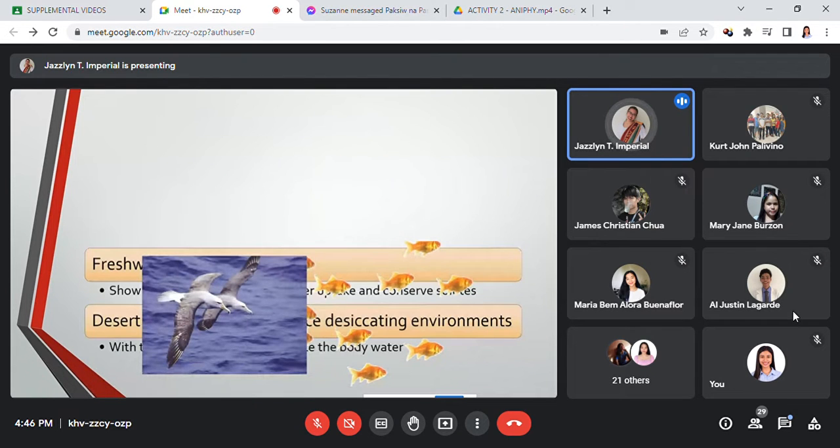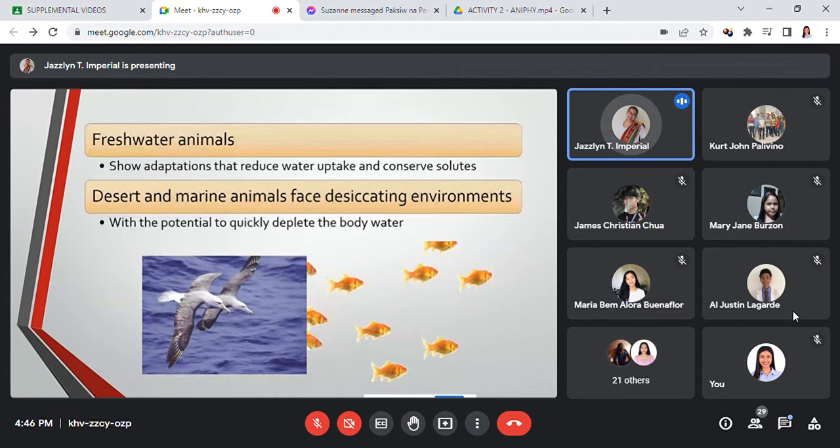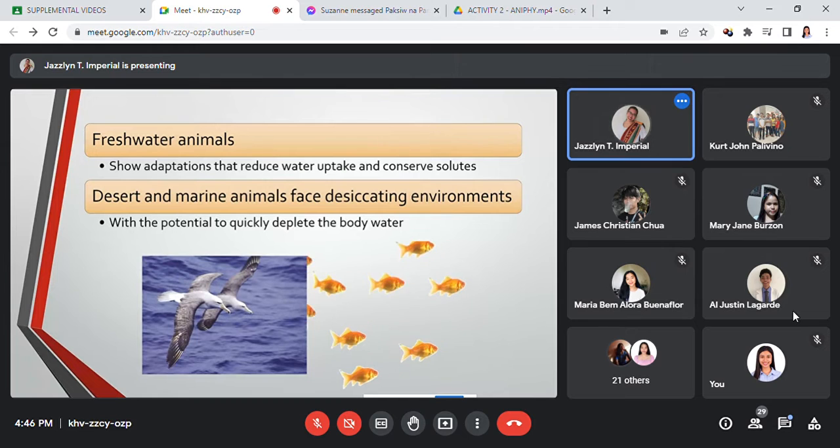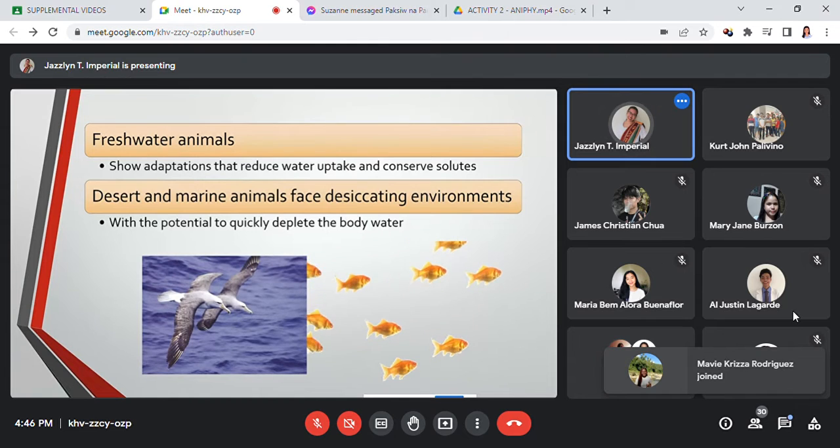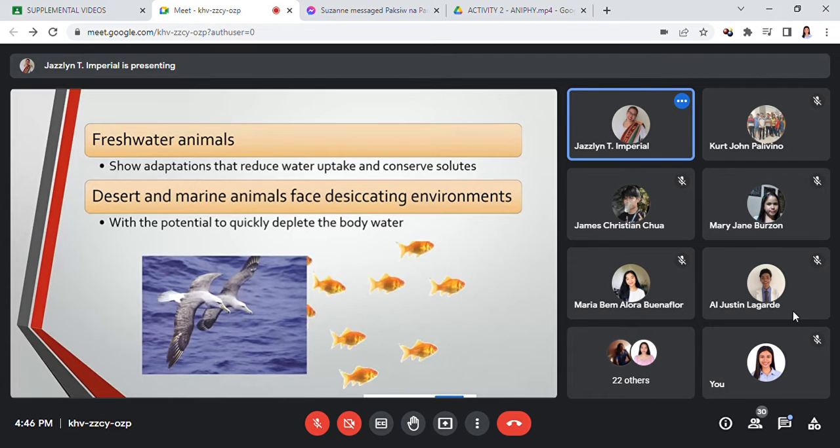So why is it important? For freshwater animals, they show various adaptations to reduce water uptake and to conserve solutes. This is exemplified by your paramecium, which has a tendency to take in water via its cytopharynx.